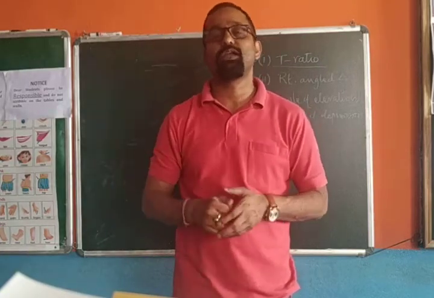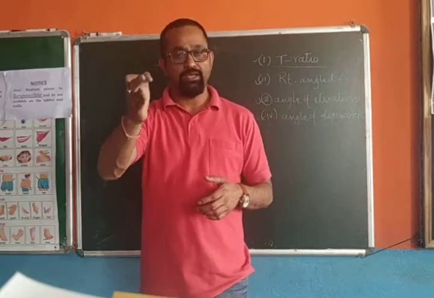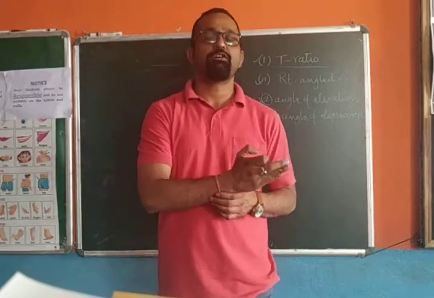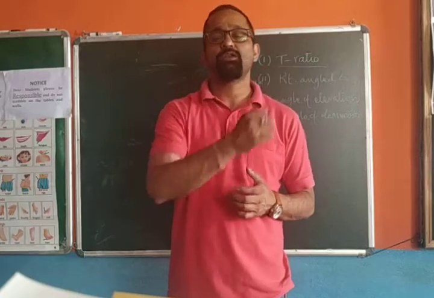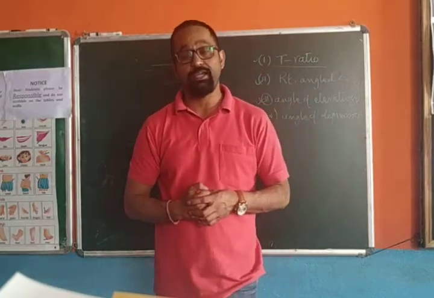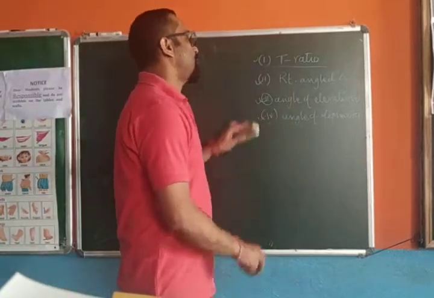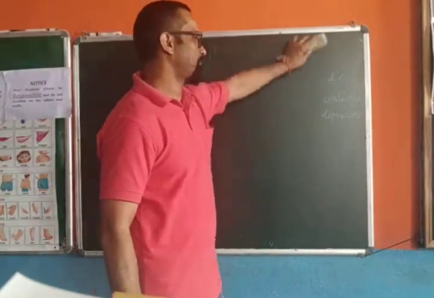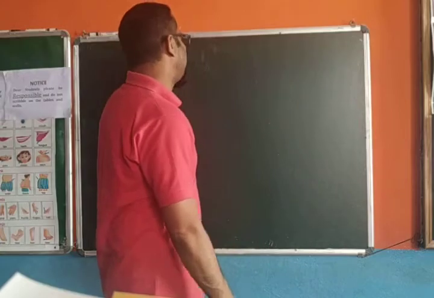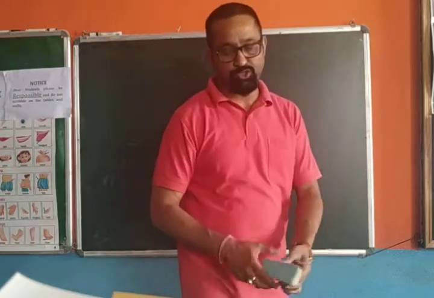We can calculate the height, or if height and angle of elevation are known, we can calculate the distance between the objects. I'll show you the application of all these 4 terms which I gave.